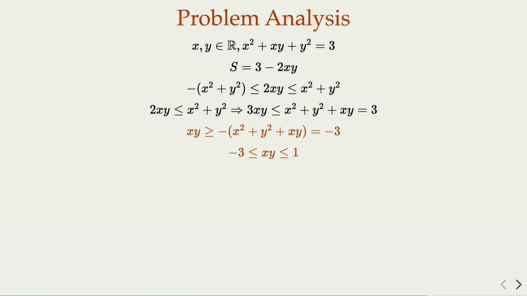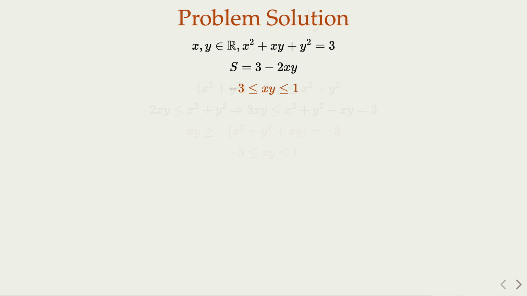Earlier we said that the objective function is 3 minus 2xy, and we know xy's range, so S must be between 1 and 9, which is the same as what we got using other methods in earlier videos. Of course, the question is, are those values attainable? When will xy take the value of 1 and negative 3?